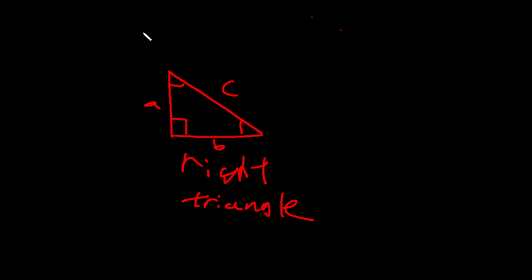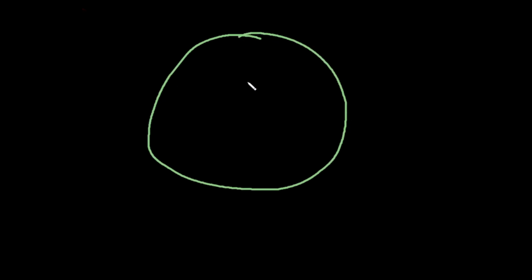Okay, so here's a circle. Let me draw that bigger. The center would be right here. If this were the center, and I drew a line out to one point of the circle, this would be called R for radius.